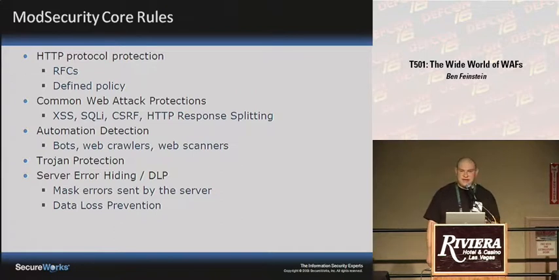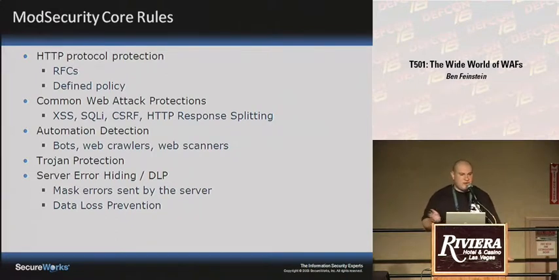It has some basic Trojan protections. So these would be Trojans on your network that are using HTTP command and control protocols. Mod security is able to detect some of these command and control sequences between HTTP-based bots. Another interesting application is server error hiding or data loss prevention, data leakage prevention. You can mask the errors that are coming out of your server.